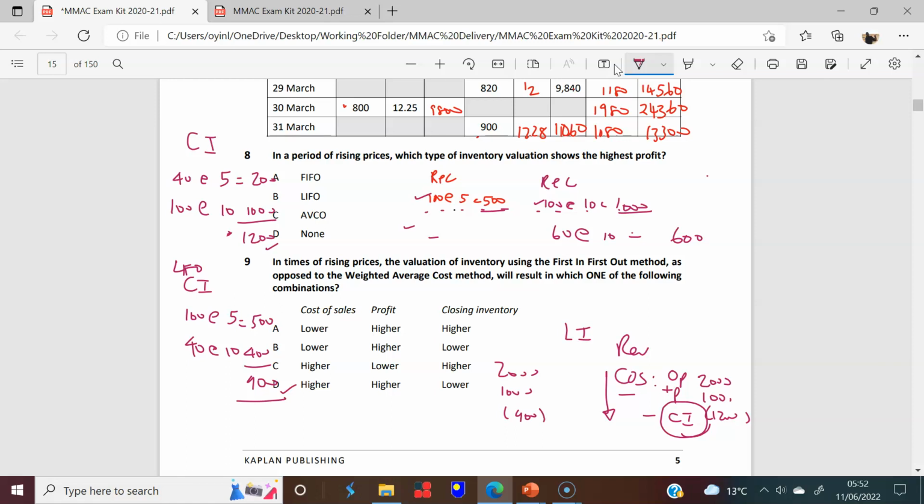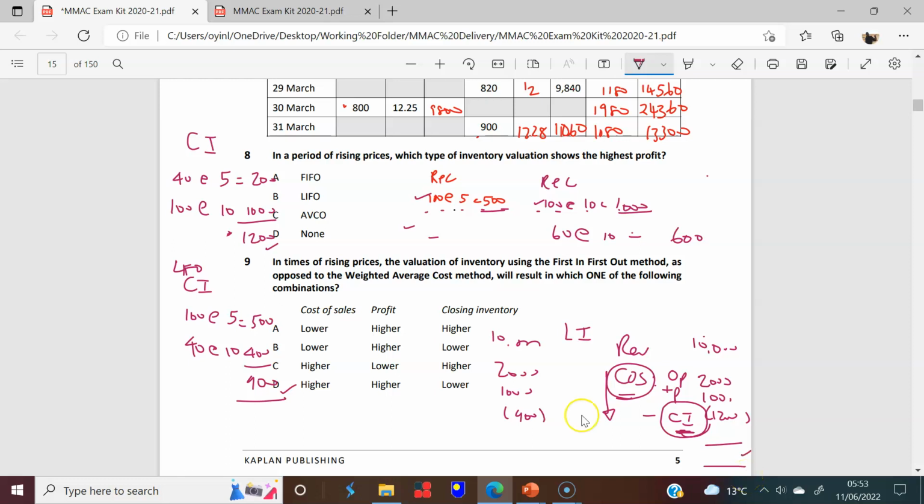So the point here is, when you have a lower cost of sale, of course, this could be 10,000. This would be 10,000 in both cases. So a lower cost of sale is due to a higher closing inventory. Yes, this is recorded so you can take it slow and make sure you're comfortable with the idea. A higher closing inventory means a lower cost of sale, which gives you a higher profit in the end.